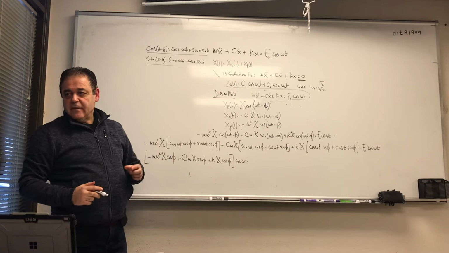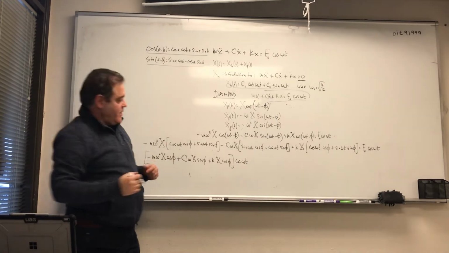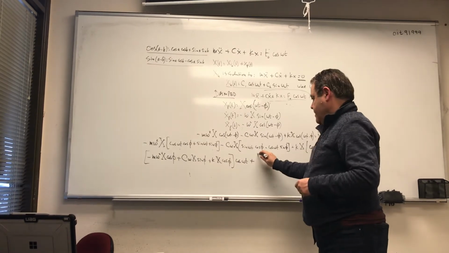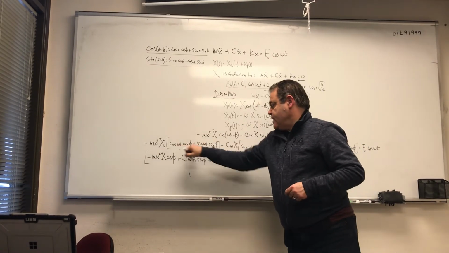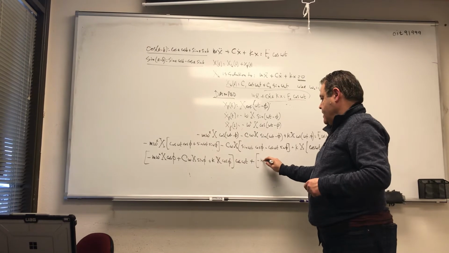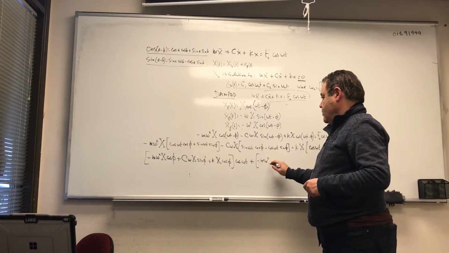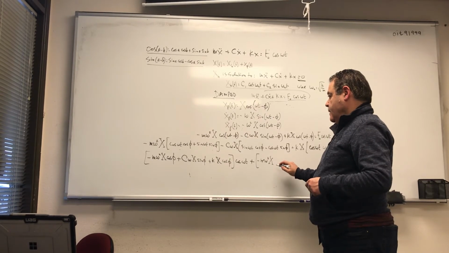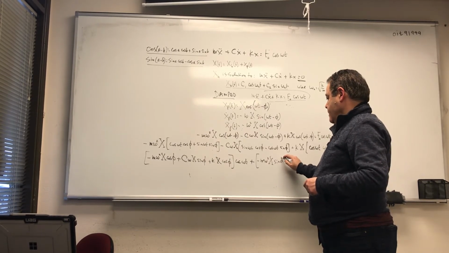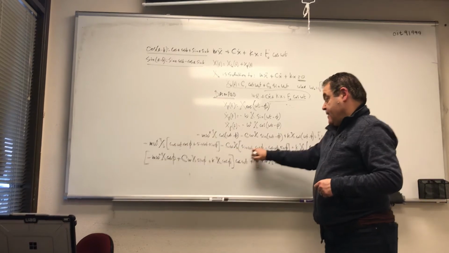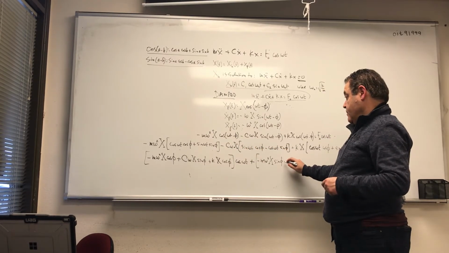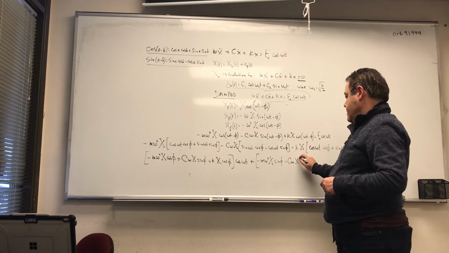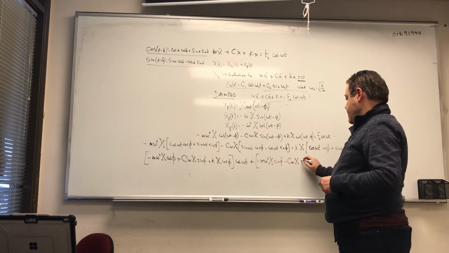Now I need to group what? The sine terms. Plus, let's figure out what the sine terms are. First one is this guy, minus m omega squared x sine phi, right? And then this guy should be there also. So minus c omega x cosine phi.